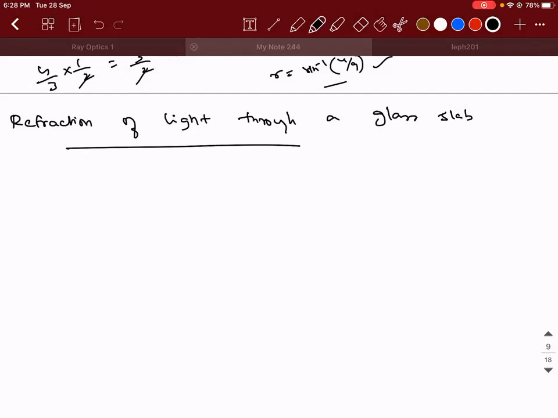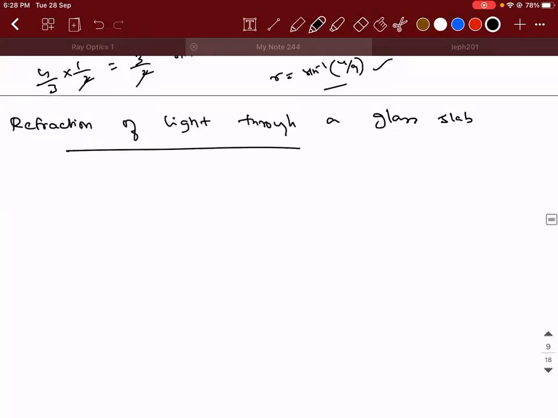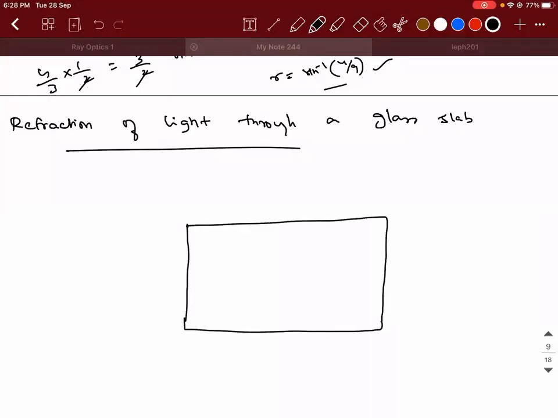So listen. If there is a glass slab like this, and the ray is hitting the surface at this point, so if this is the point of incidence, at this point of incidence, draw a normal, and this will be the angle of incidence.